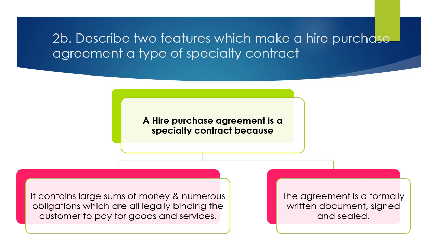They are usually legally binding the customer to the contract. So a hire purchase agreement is especially a specialty contract, because it contains large sums of money and numerous obligations which are legally binding the customer to pay for goods and services.